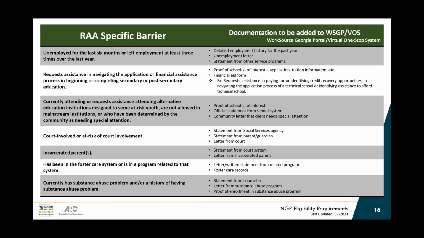You could request assistance in navigating the application or financial assistance process in beginning or completing secondary or post-secondary education. This is acceptable as of now, but the state guidance has changed. So when the next policy comes out, this will no longer be acceptable moving forward from the date of that next policy.